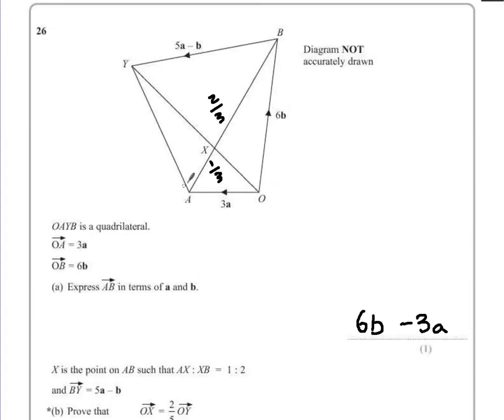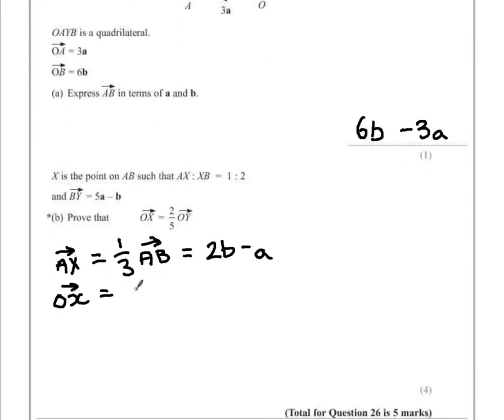So go from O to A and then up to X. So we're going to add on 3A. So we have 2B minus A add 3A. And that gives us a vector from O to X of 2B add 2A.